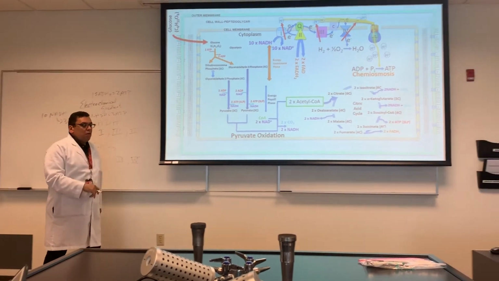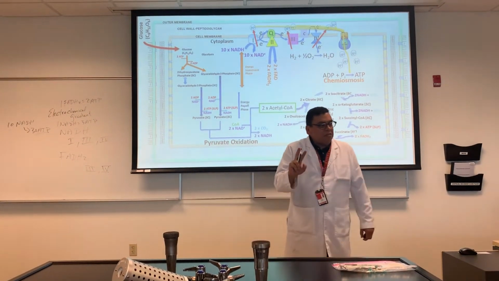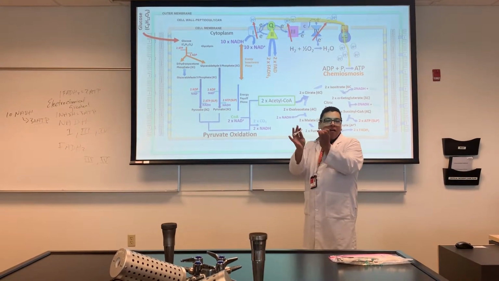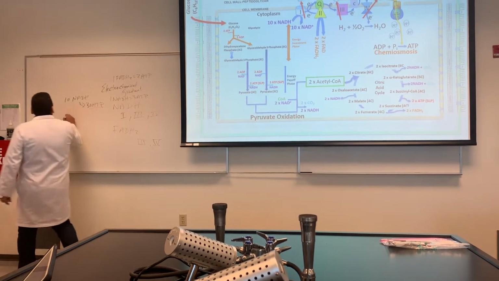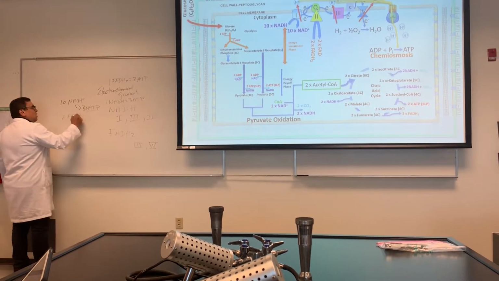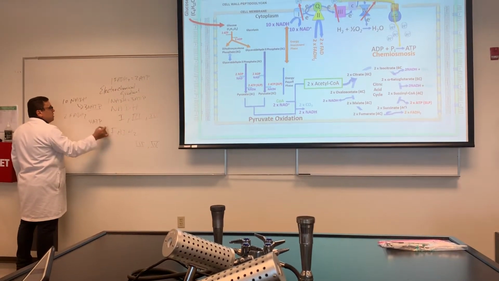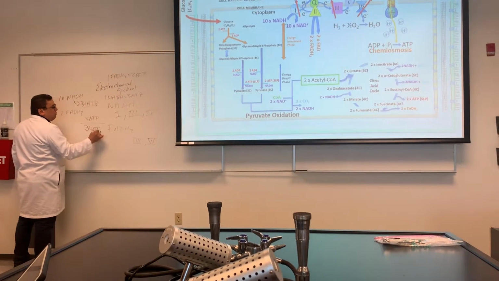Good. Let's do the same thing for FADH2. One FADH2 makes 2 ATPs. That means 2 FADH2 will make 4. The 2 FADH2s will activate this enzyme to make 4 ATPs for a total of 34 ATPs.